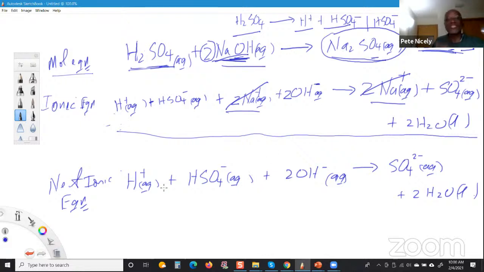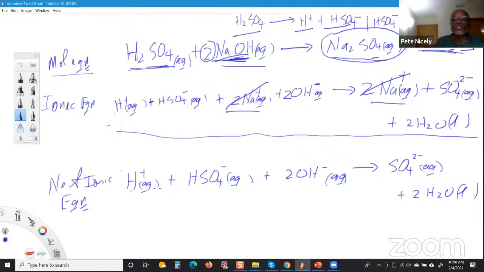You can do a last check to make sure that everything is balanced. For example, the hydrogens: you have 1, 2, 3, 4 on the left, and 4 on the right. You have 4 plus 2, 6 oxygens on the left, and 4 plus 2, 6 oxygens on the right. And you have 1 sulfur on each side.